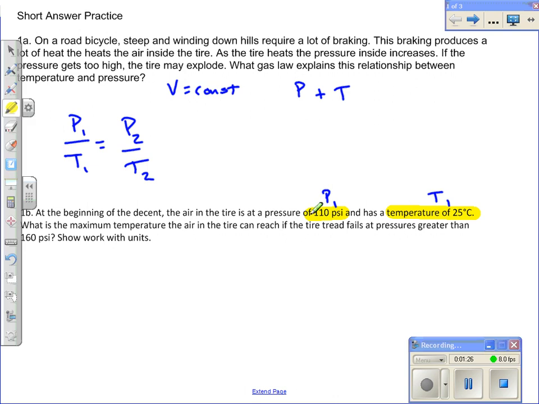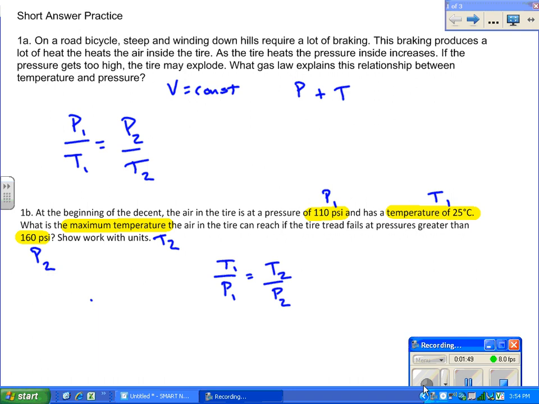Keep reading that problem. What is the maximum temperature the tire can reach if the tire tread fails at pressures greater than 160 psi? So what is the maximum temperature is what we're looking for. So this would be T2 and this is P2.